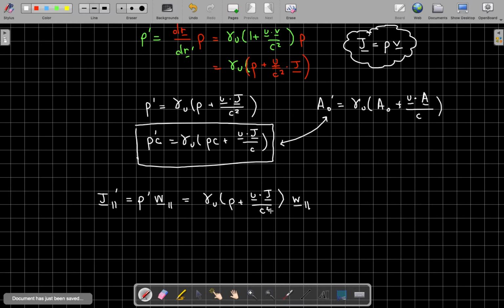Okay, now a little trick here is to rewrite J in its original form. So this is equal to rho W parallel plus u dot V over c squared rho W parallel.